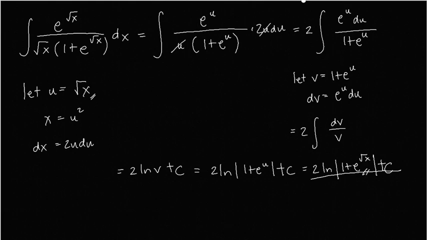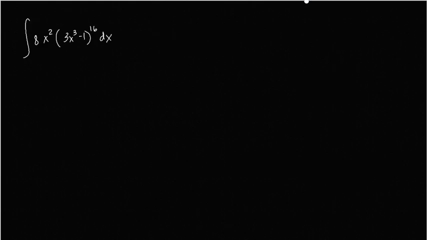Okay, let's proceed to our problem number 7. For our problem number 7, we have the integral of 8x squared times the quantity 3x cubed minus 1 raised to 16 dx. So our technique here, we will let u equal to 3x cubed minus 1, so that du is equal to 9x squared dx.